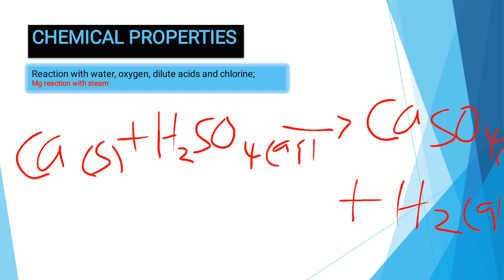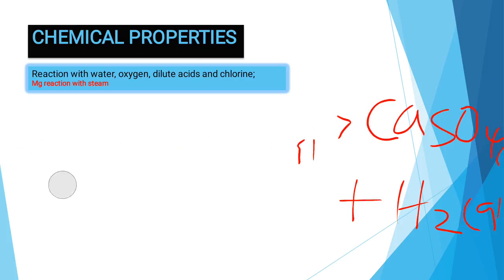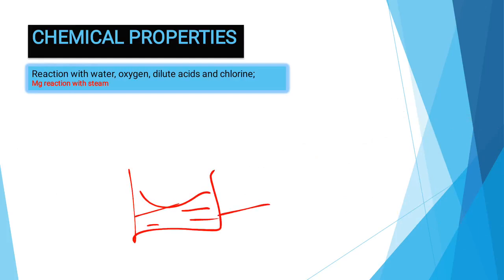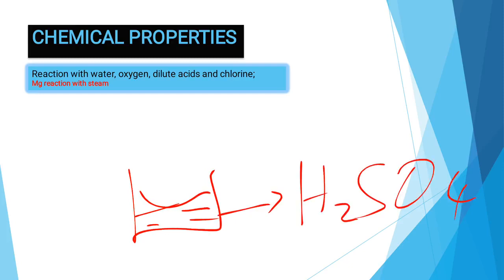Now, there is something I need to mention here. The reaction between calcium and sulfuric acid stops almost immediately after you drop calcium into a beaker containing sulfuric acid. Why? Remember that calcium sulfate is insoluble. So the moment you release calcium into sulfuric acid like this, we have a beaker, and then we have here sulfuric acid, and then you now bring in calcium.